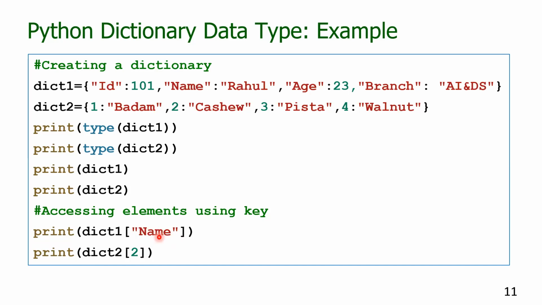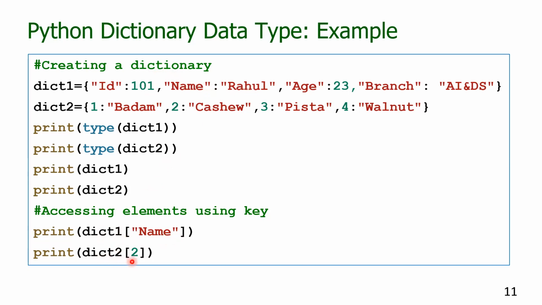So we have to pass the key as the index to dict1. So dict1 of name returns whatever is the value that is there for the key name. So here it is Rahul.